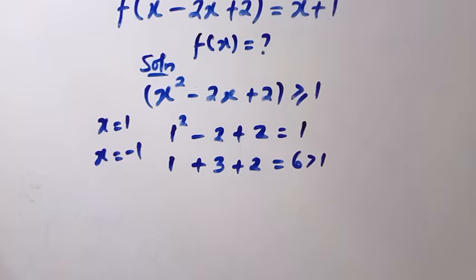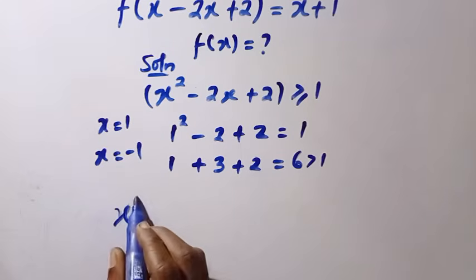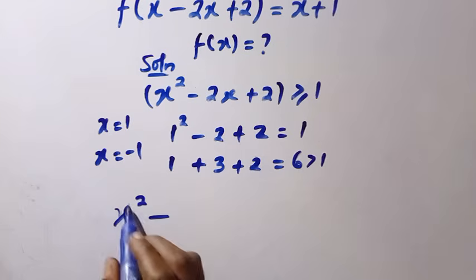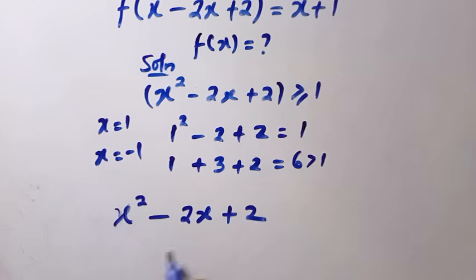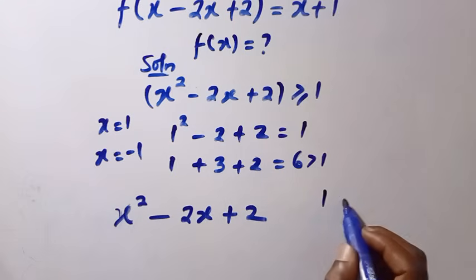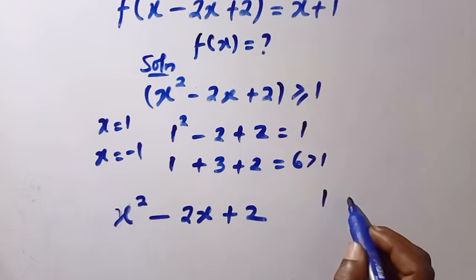Then let's start by solving this. First, the domain given here is a quadratic. We have x squared minus 2x plus 2, a quadratic. But can we factorize this? No. Because looking at these two, the factors of 2 are 1 and 2.